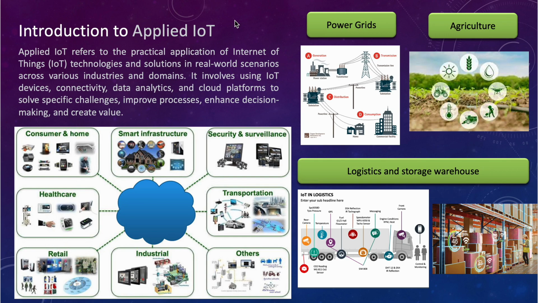That means it should have connectivity, right? When it is connected to the internet, cloud resources come into play. That means data analytics and cloud platforms can be used. When talking about cloud platforms, processing power, storage, and the shared resources of the cloud platform will be at any IoT device's disposal.